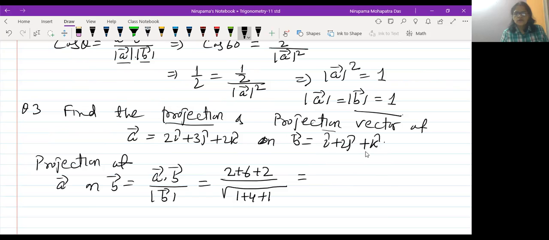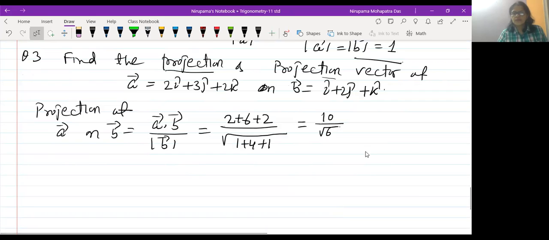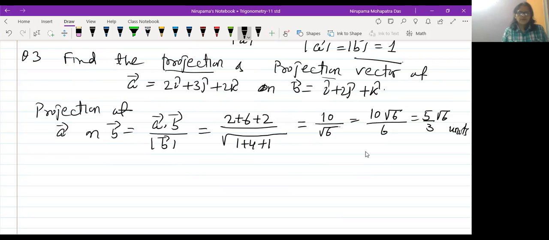So we are getting 2 plus 2, 4, plus 6, 10 divided by root 6. This is the projection. If you want, this can be rationalized. My main purpose is not calculation but to convey the concept. Then it can be 5 by 3 units. This is the scalar projection.